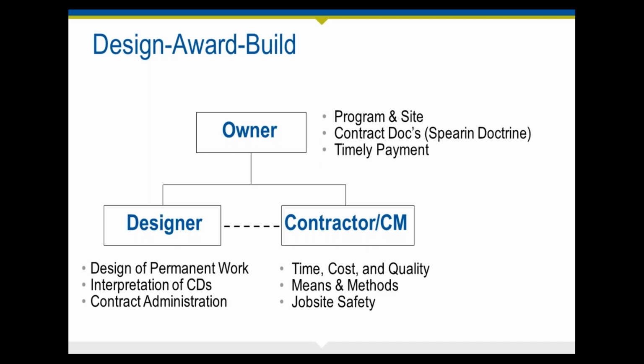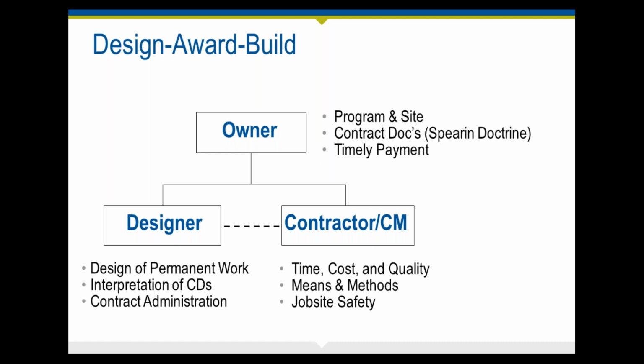Once the owner gets these documents after a competitive bid or negotiation process, the client, the owner, contracts with a contractor. During construction, the AE, the design professional, administers a construction contract on behalf of the client.